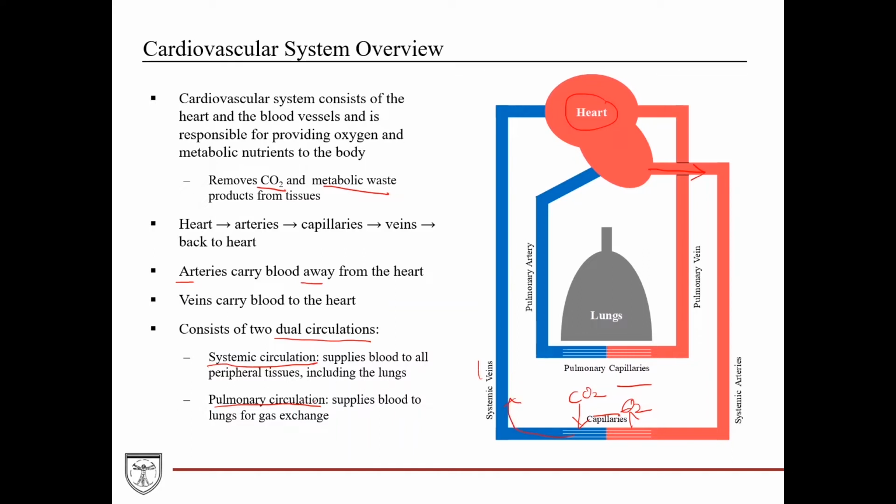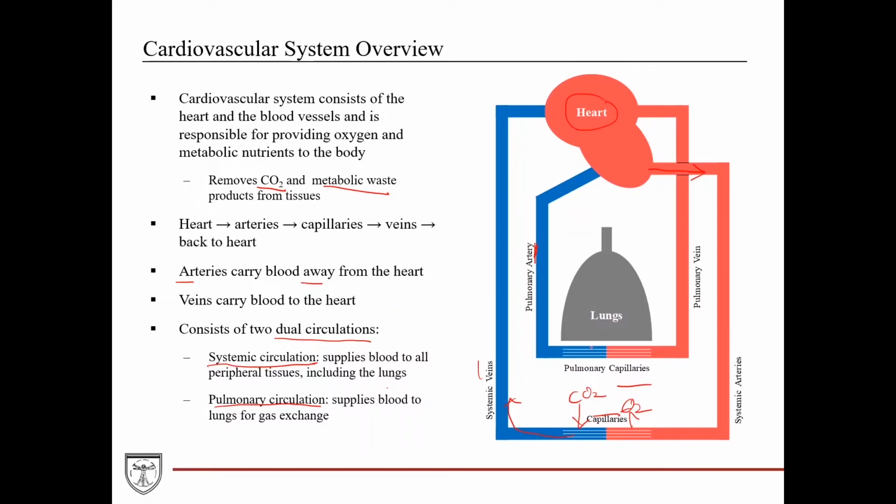Now the pulmonary circulation supplies blood to the lungs for gas exchange. These systemic veins are carrying CO2-rich blood, and you have to get rid of CO2, so you bring it up to the heart, and then the heart carries this deoxygenated, CO2-rich blood through the pulmonary arteries. So here's an example where an artery is not carrying oxygenated blood. It's carrying very deoxygenated blood.